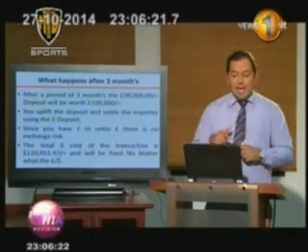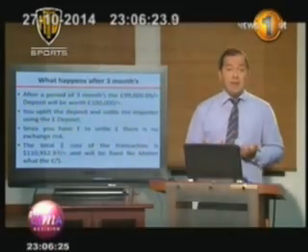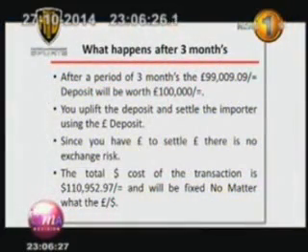But on the other side, what has happened? The total dollar cost of this transaction is $110,952.97, and remember, this dollar cost will not change no matter what happens to the exchange rate.